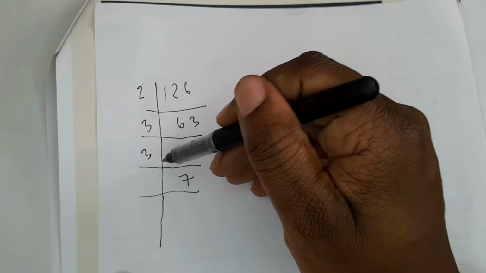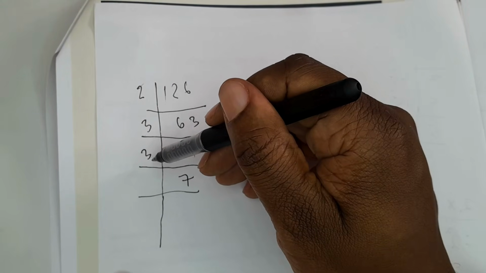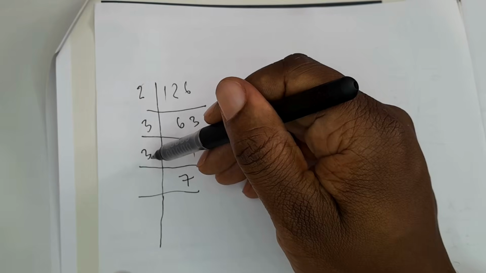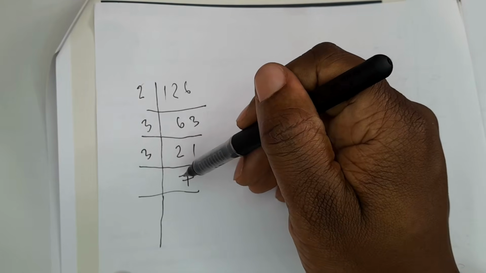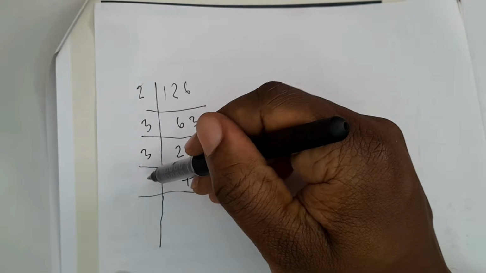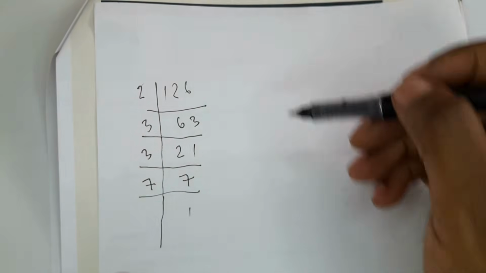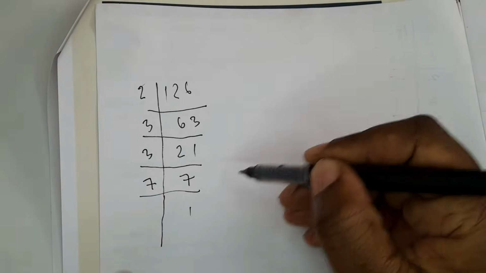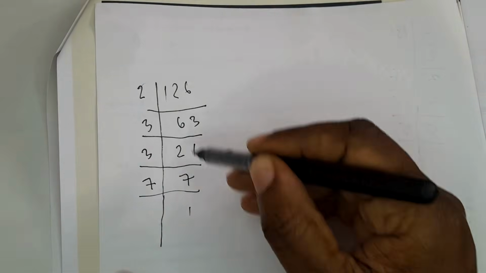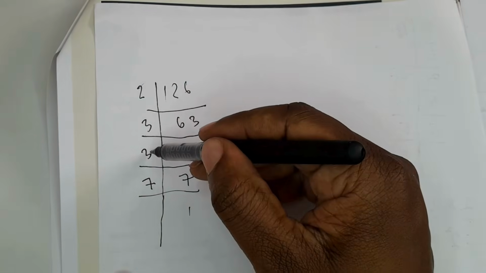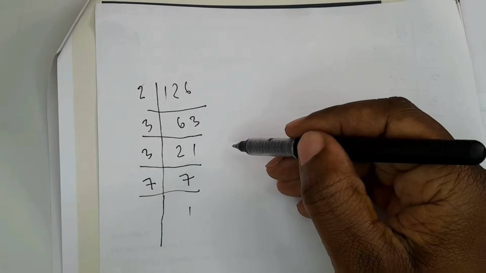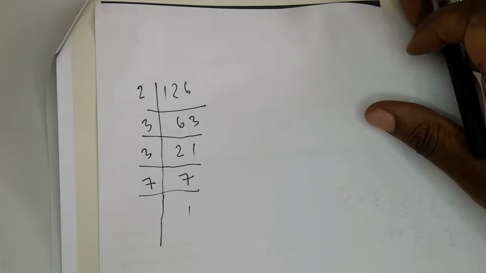And then now we can no longer use 3. You try to move onto the next prime number, which is 5, of which 5 can't get into 7 without leaving a remainder. Then we have to use 7, the number itself. And now this is what we have. So it means that 126 can be written as follows: 2 times 3 to the power 2 times 7.